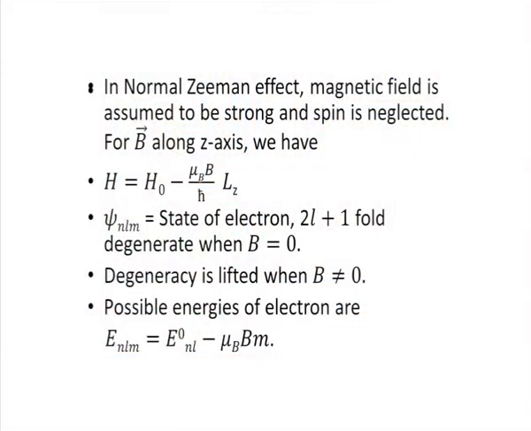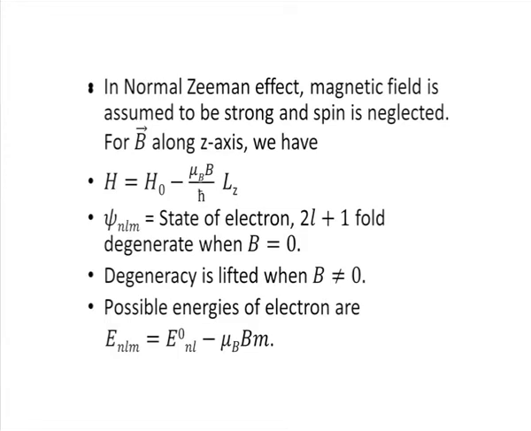In the normal Zeeman effect, the magnetic field is assumed to be strong and spin is neglected. For B along the z axis, we have H equal to H naught minus mu_B B by h bar L_z. Now, psi_nlm is a state of the electron which is 2l plus 1 fold degenerate when B is equal to 0.